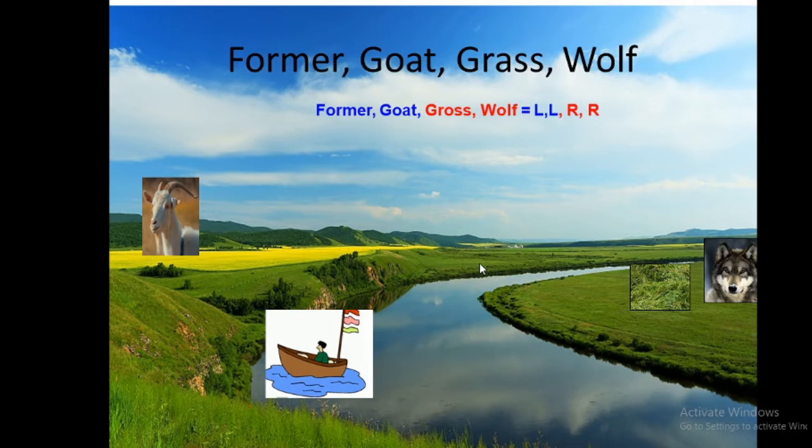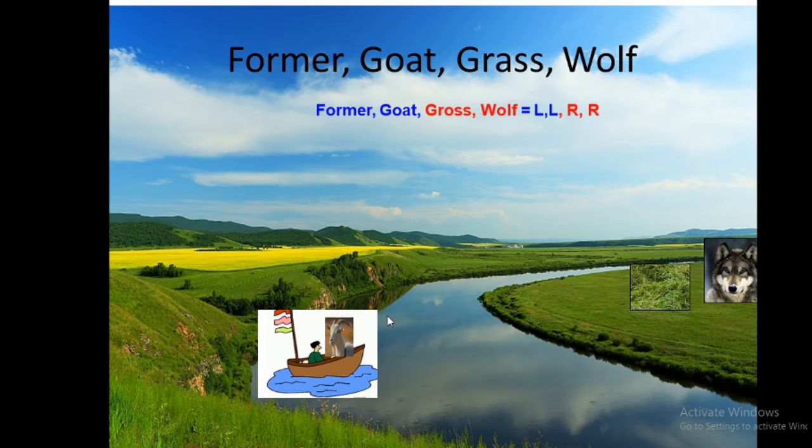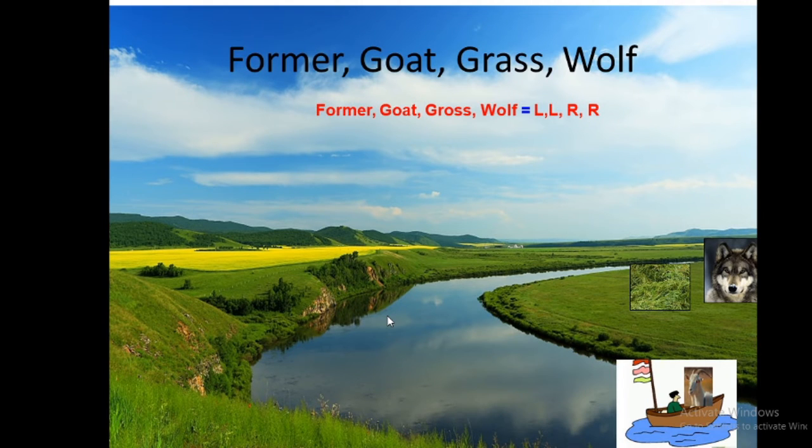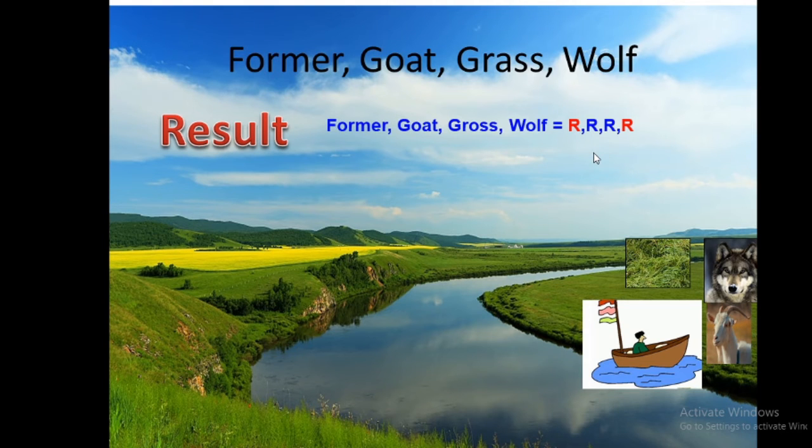Again the farmer moves to the left side, finally takes the goat, and travels to the right side. Here, at this stage, all the items, farmer, grass, wolf and goat, are on the right side. The result is that all R's are on the right side.